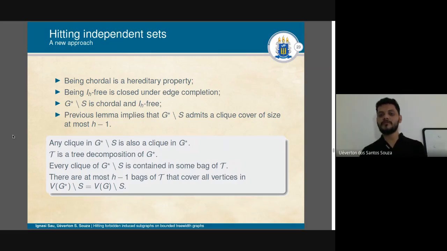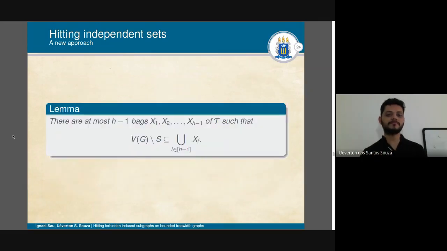And the subset of vertices are the same in G star and G. So this also implies that there are at most H minus 1 bags of G that cover all vertices of V(G) minus S. Then we have that there are at most H minus 1 bags that cover all the remaining vertices of the removal of our optimal solution for the problem of hitting induced subgraphs.